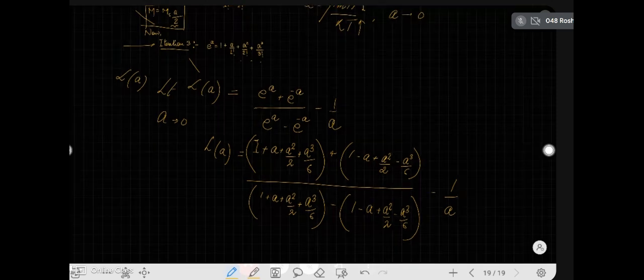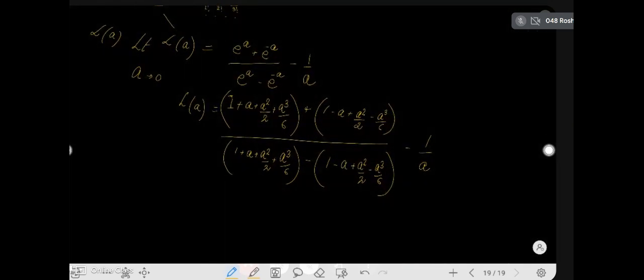So we will remember this particular discussion. Let us first check what are the terms that we are using. So e to the power minus a, 1 minus a plus a square by 2, minus a cube by 3 factorial, and 3 factorial is 6. So what is being transformed here is plus a minus a, then a cube by 6 minus a cube by 6.